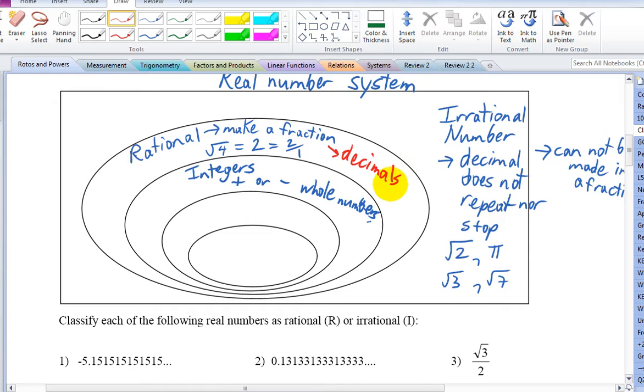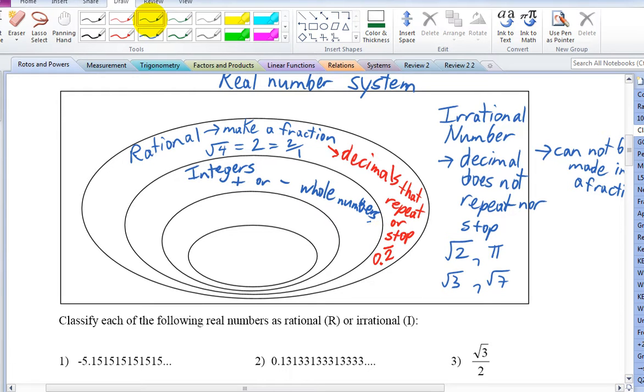So if you have a decimal that stops or terminates, right, or decimals that repeat, so 0.2 repeating, that's okay. Right? That's a rational number.